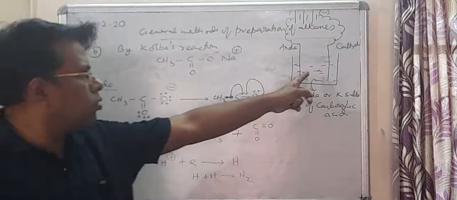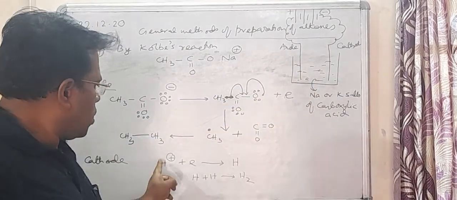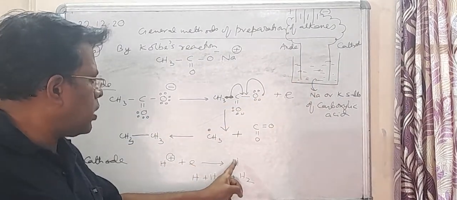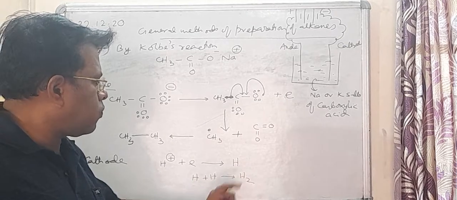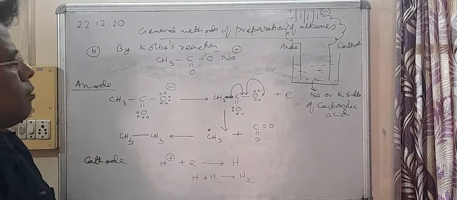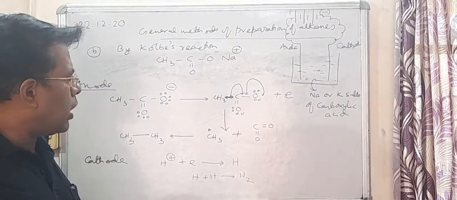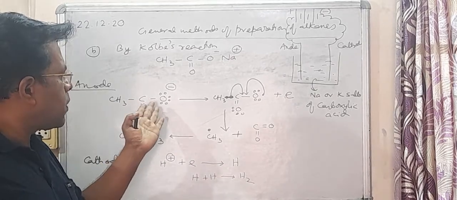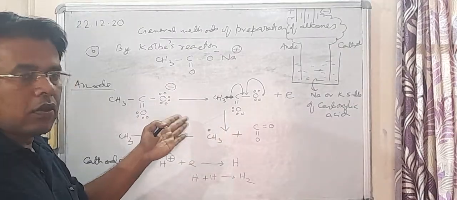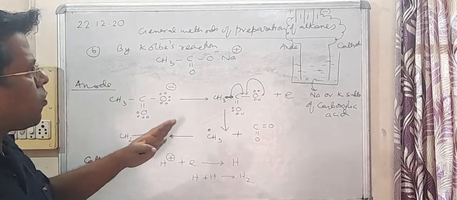There will be hydrogen ions from water, that will gain an electron to form H atoms. H atoms will combine in pair to form H2 gas. So by Kolbe's reaction we can prepare alkane, and you can see this reaction goes by free radical formation. So children, this much for now.